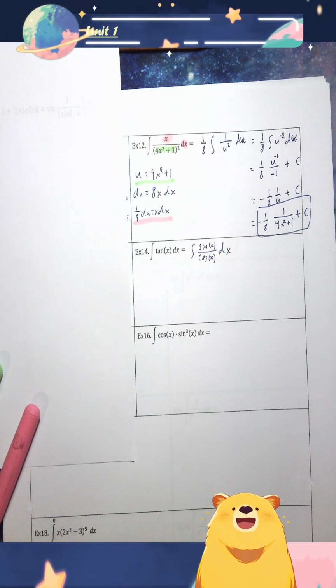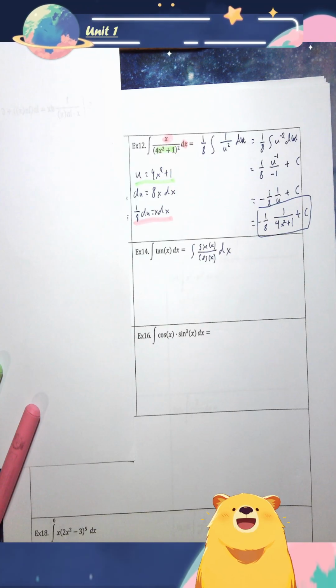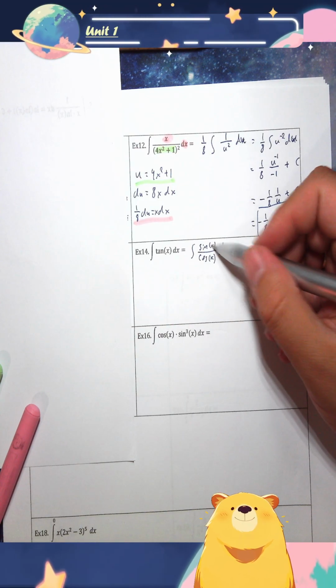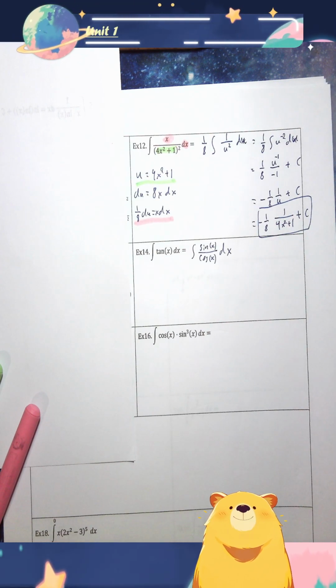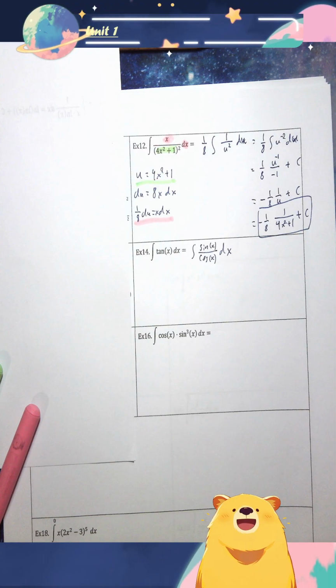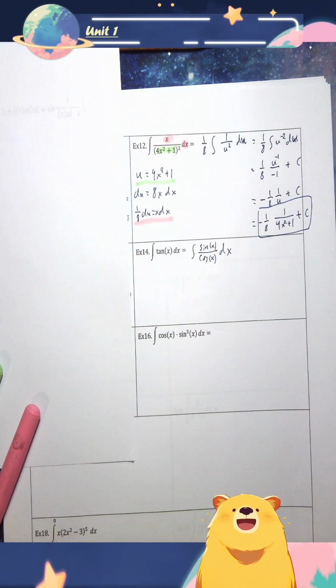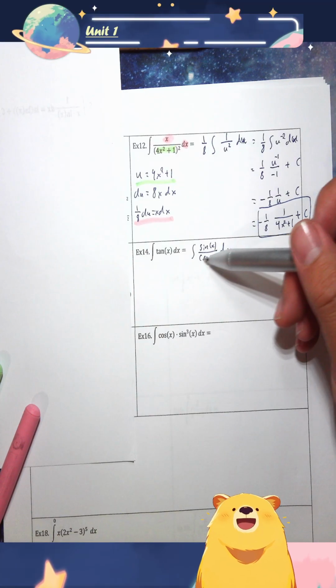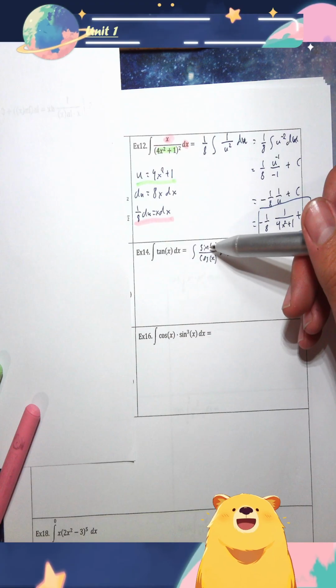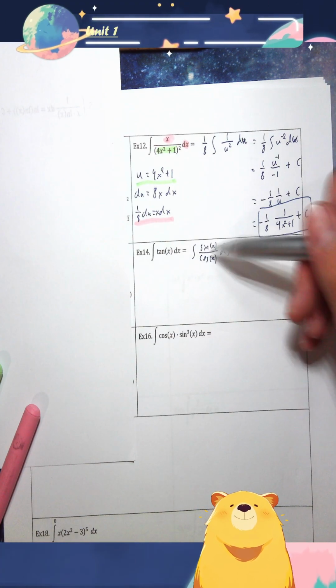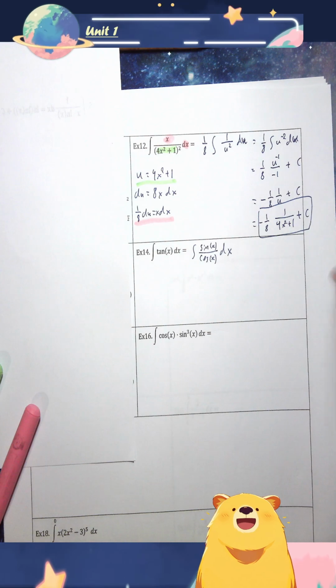And you could argue that these are derivatives of each other, but you don't know which is the derivative of which, right? Because, do I take u to be cosine or u to be sine? Well, let me just show both.